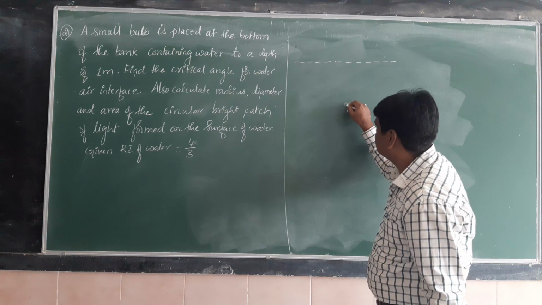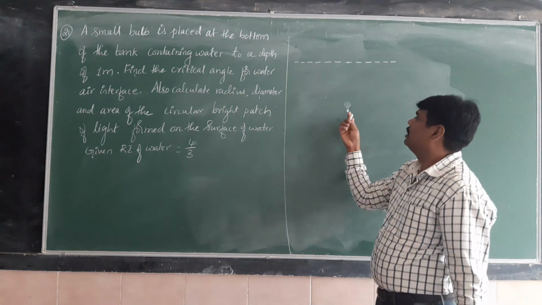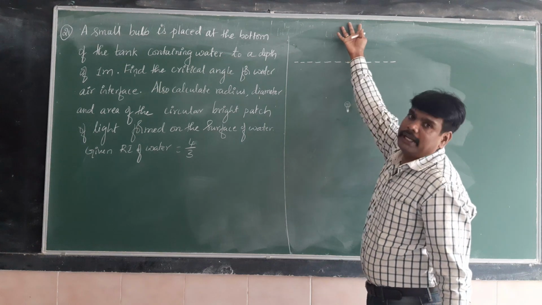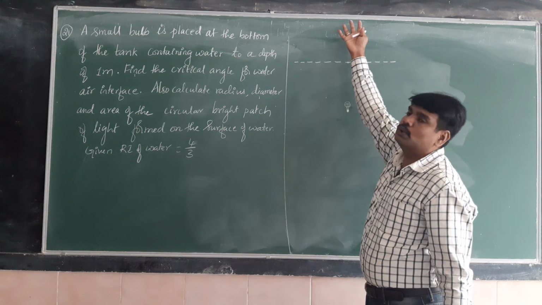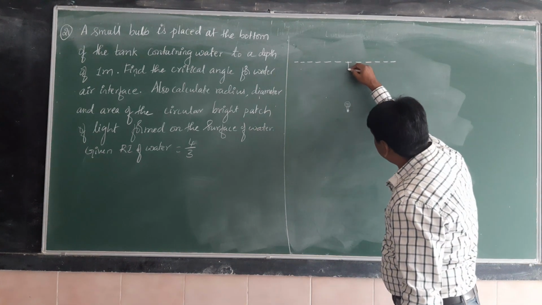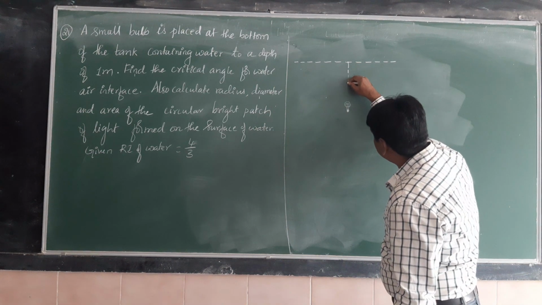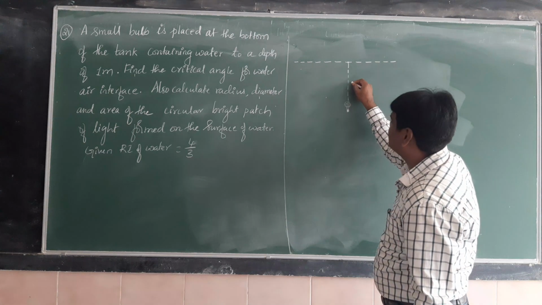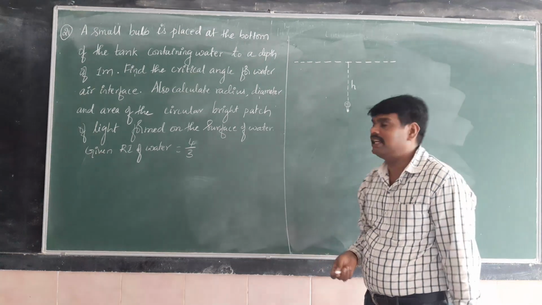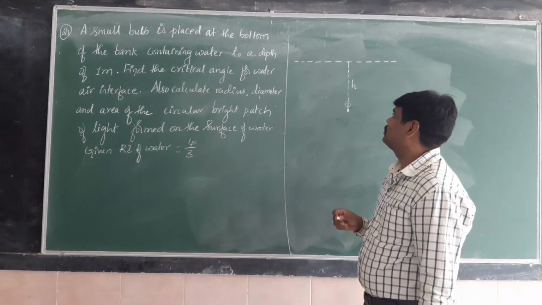This is an electric bulb. If you switch on the bulb, light starts moving from the denser medium to the rarer medium, from water to air. The distance from here to here, what they have given, is exactly 1 meter. Let us consider this as height h, or we can consider depth d. I will consider height h.